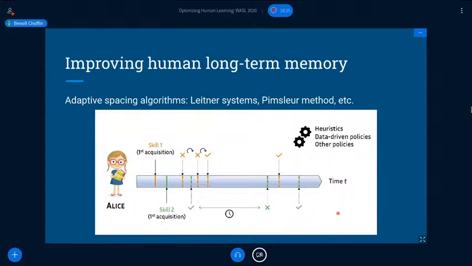What an adaptive spacing scheduler would do is that, for example, for skill 1 here, Alice fails, because there is a cross, to remember this skill or item, and so the adaptive spacing scheduler manages to find that there is a problem here and that this item should be presented to Alice sooner than previously thought.